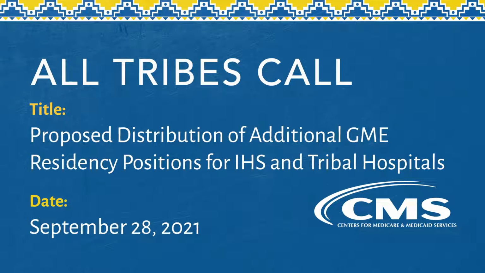CMS proposed to prioritize applications from hospitals according to the degree of the health professional shortage in the HPSA as measured by that area's HPSA score. The Health Resources and Services Administration, HRSA, assigns a numerical score from 1 to 25 to each HPSA that reflects the severity of the provider shortage and the proportion of the population at or below the federal poverty level in that area.